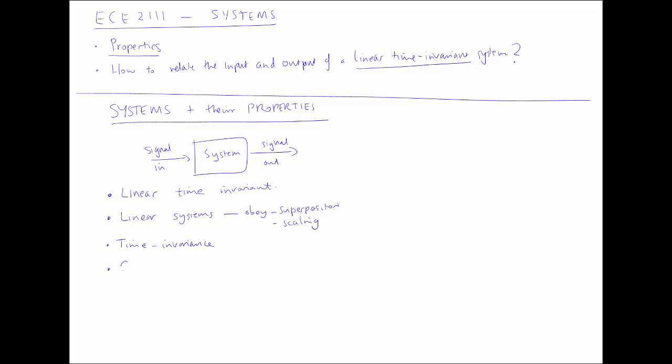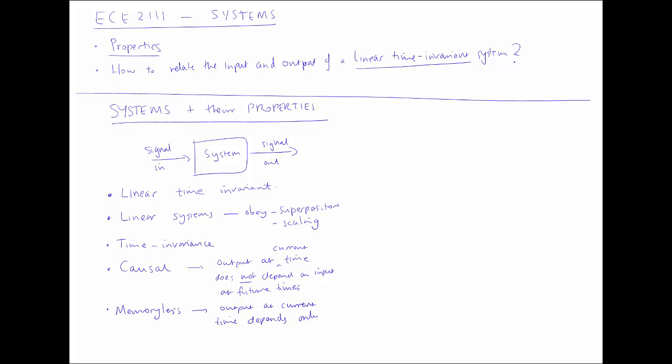We also had causality, the property of being causal. This means that the output at the current time does not depend on the input at future times. We had a special case of causal, which is memoryless, which means that the output at the current time depends only on the input at the current time.